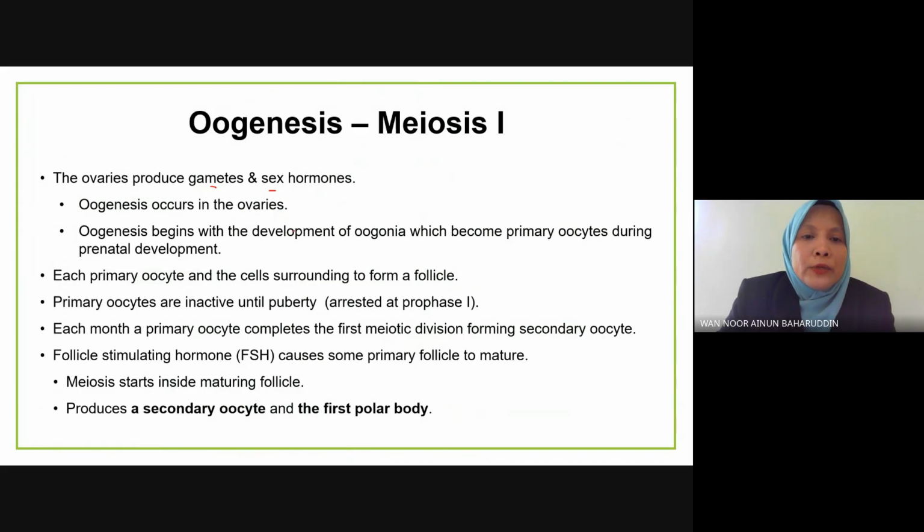Oogenesis begins with the development of oogonia, which become primary oocytes during prenatal development, and the primary oocyte and surrounding cells form a follicle. The follicle is there to support and nourish the gamete cells. Primary oocytes are inactive until puberty, arrested at prophase 1.